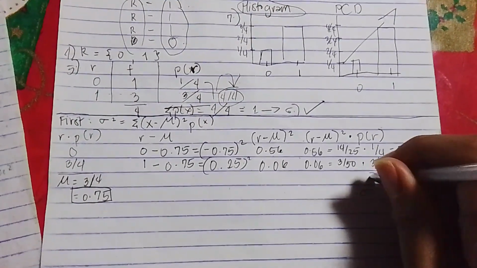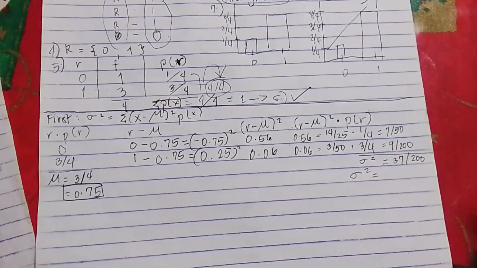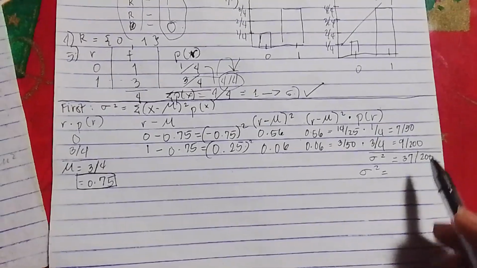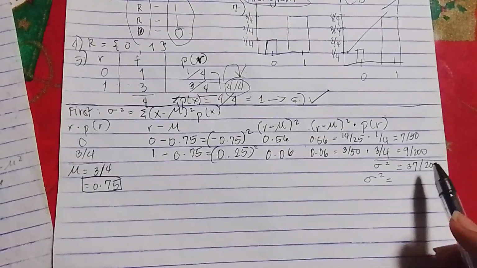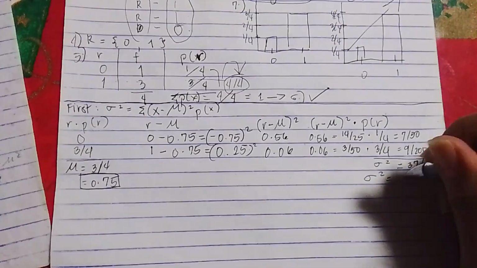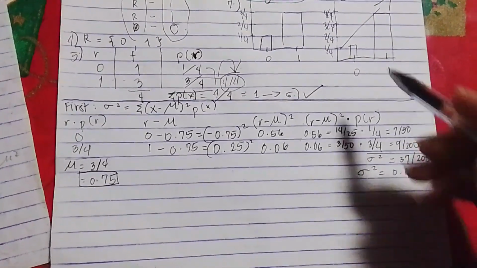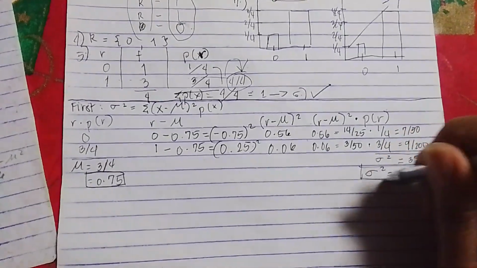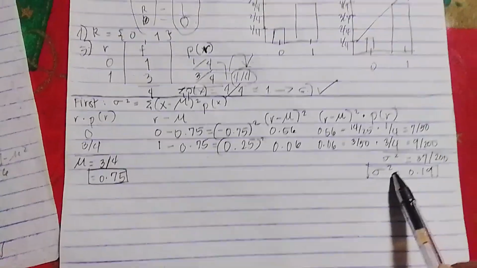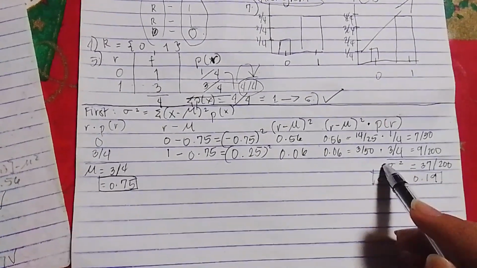This is our variance, but I always use the decimal. So 37 over 200 converted into decimal is 0.19. This is now our variance, 0.19.